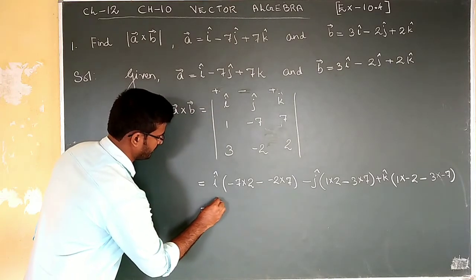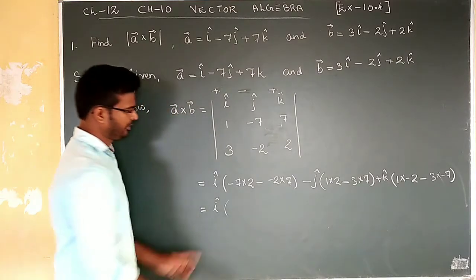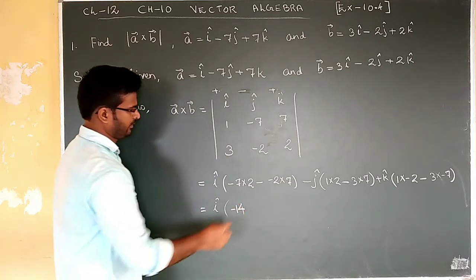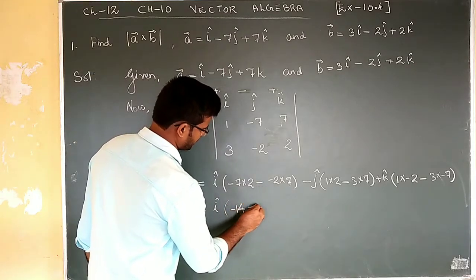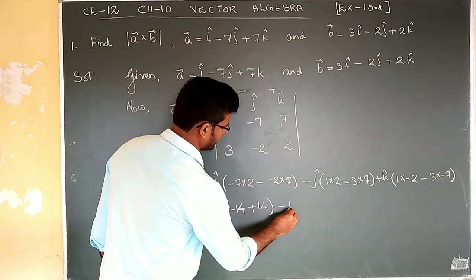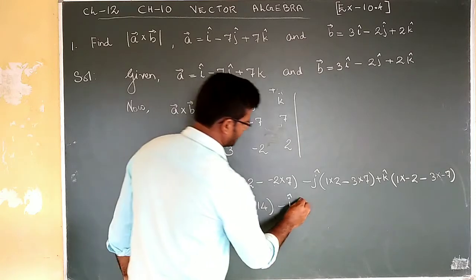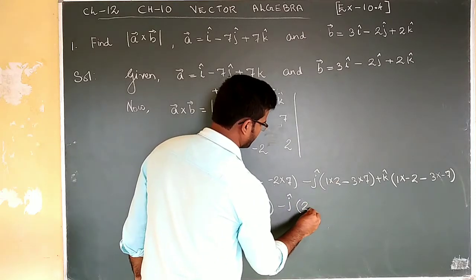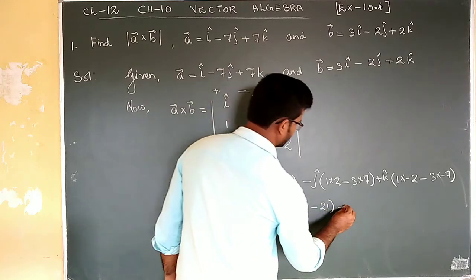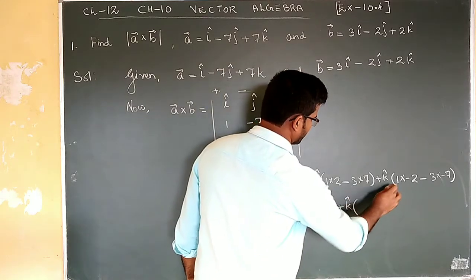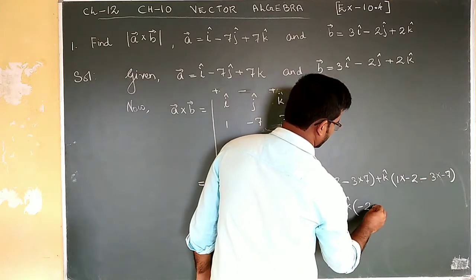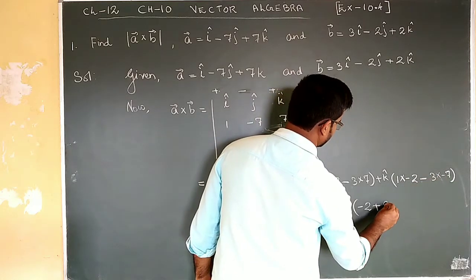Equal to i vector times minus 7 into 2, minus 14, plus 2 into 7, 14, minus j times 1 into 2 is 2, minus 3 into 7, 21, plus k vector times 1 into minus 2 is minus 2, plus 3 into 7, 21.